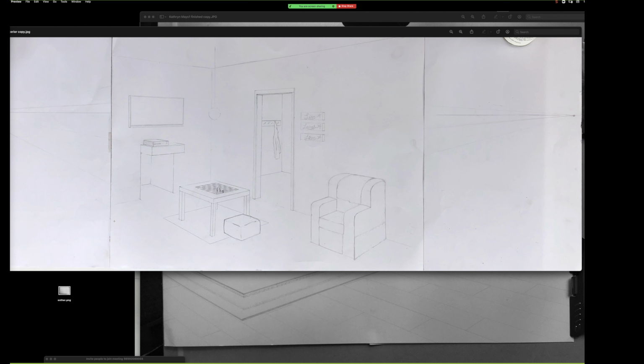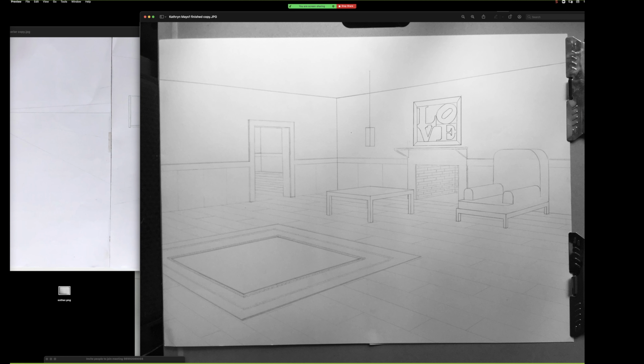The size of the door? Its size relative to the sheet of paper, right? Obviously the door in this one's much bigger. Very good. The door in this one, relative to the overall composition, is much smaller.